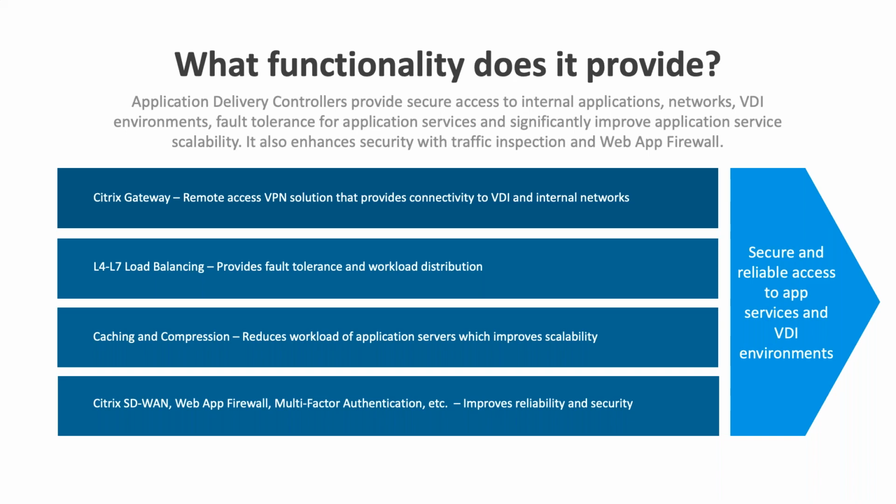So a couple of them here that are pointed out would be caching and compression. For static content that's just going to be redelivered to a client, we can actually cache that data on the NetScaler and leave the application itself out of the picture. So we reduce the amount of service requests that hit your backend application services.